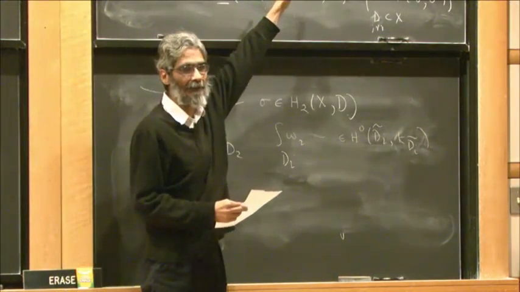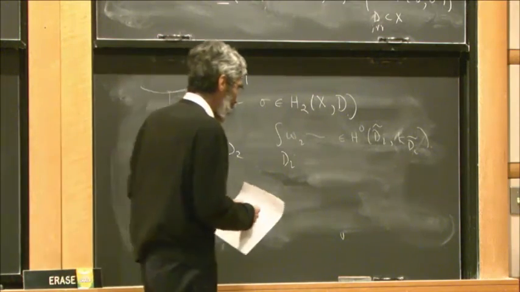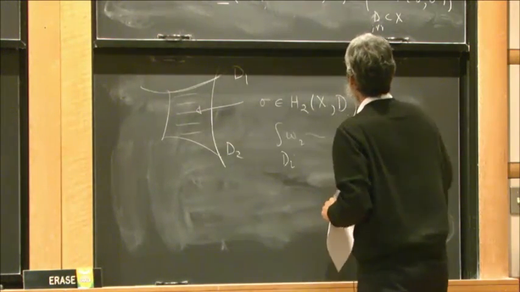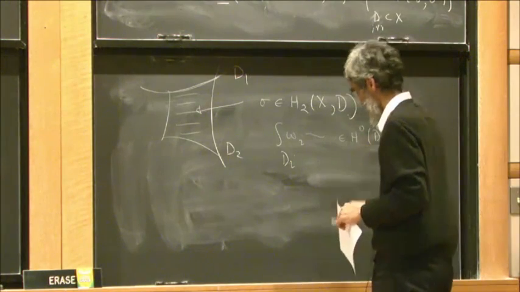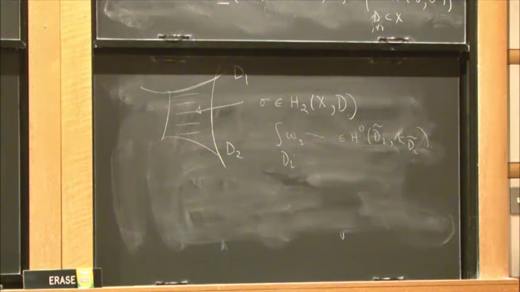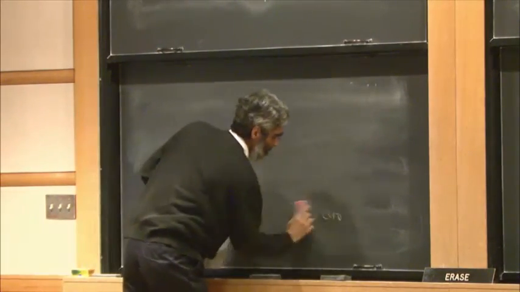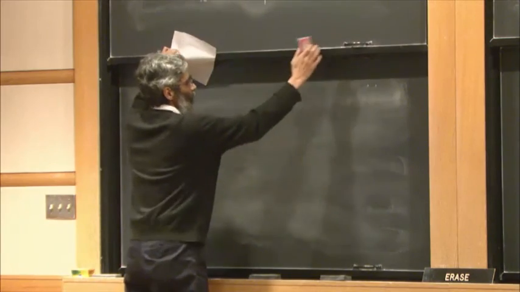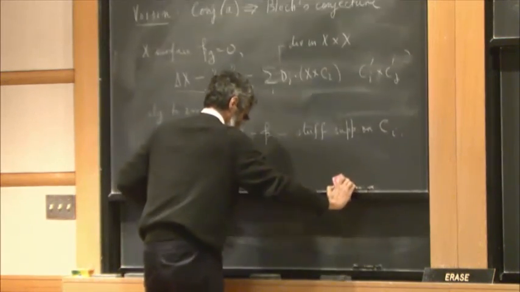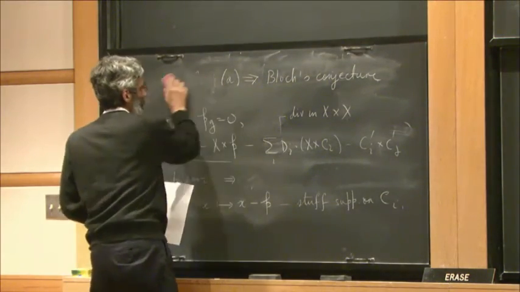There it was surjective, and you can ask, what is it here? Is it surjective? No, in fact, it's almost exactly the Chow group. So before asking about the image, one should first ask about the kernel of that map.